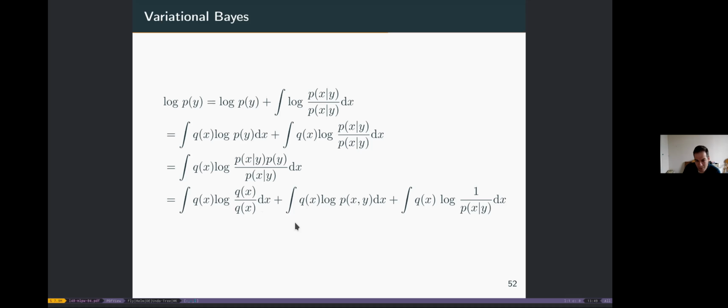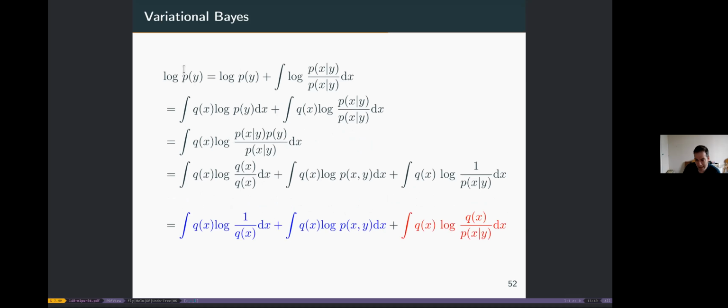So I have the q of x integrated over the joint distribution, and I have this term with q of x and the posterior, which comes down here, and then this q of x here, which I just added and which does nothing. Now I'm going to distribute these q of x's over to this integral. That leads me to these three objects.